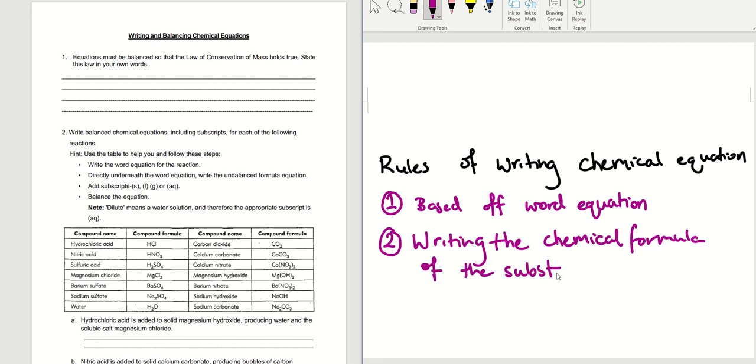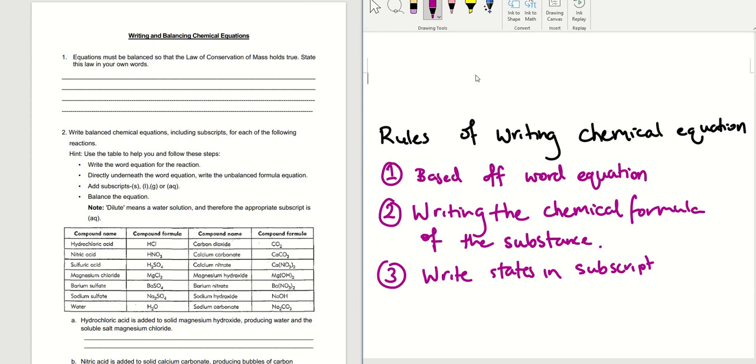That includes our reactants and products. Once you do that, write the states in subscript form. So there's 4 in total. Now differentiate by color.